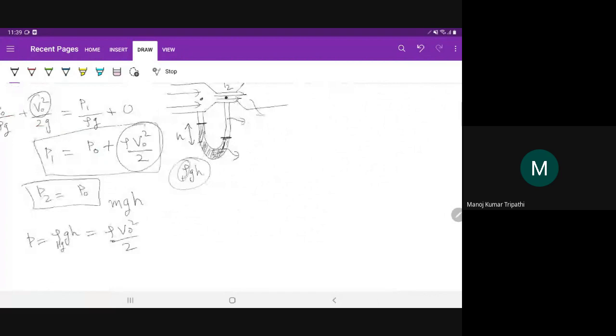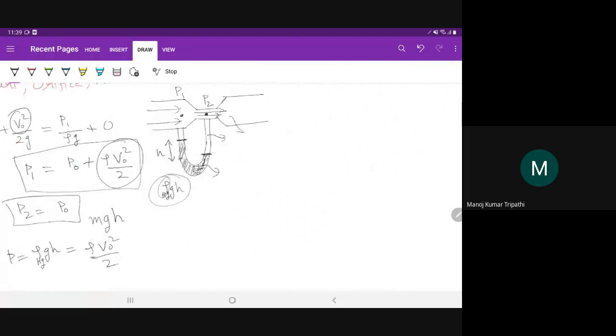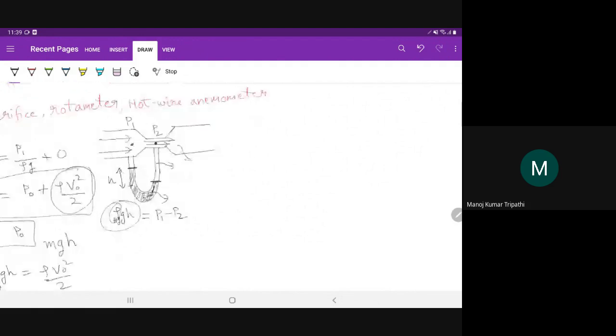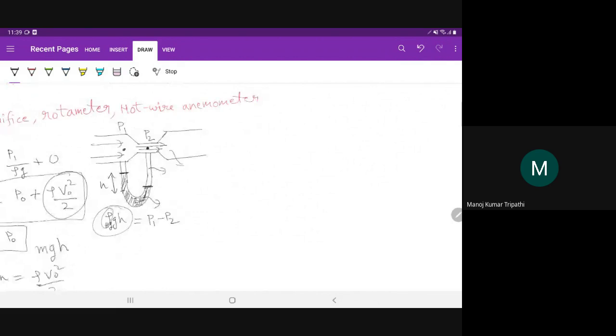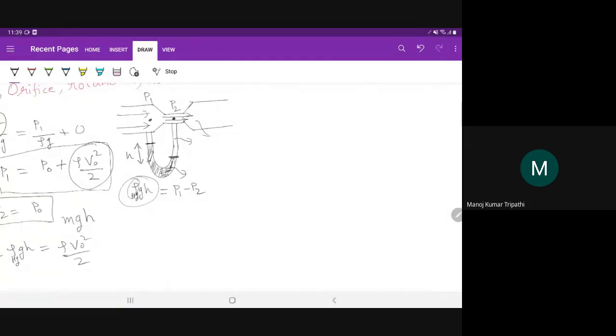So here also we can say this is rho Hg, and then this will be equal to P1 minus P2. That's how you get the pressure difference, and also you get the relation between the velocity and the pressure by applying the Bernoulli equation along this straight line.